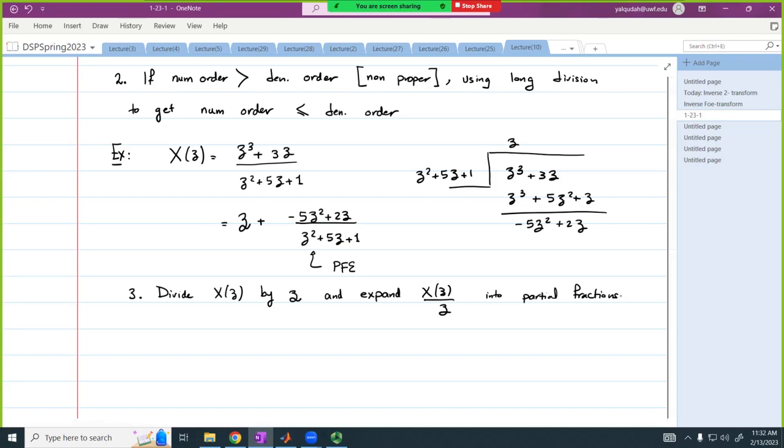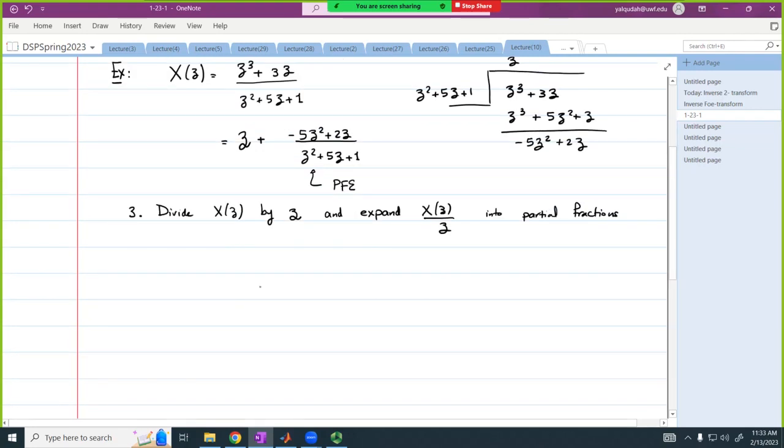Together? Now this is a tricky step. What we're going to do, we're going to take x of z, divide it by z, expand, and then multiply back by z. We'll see why.